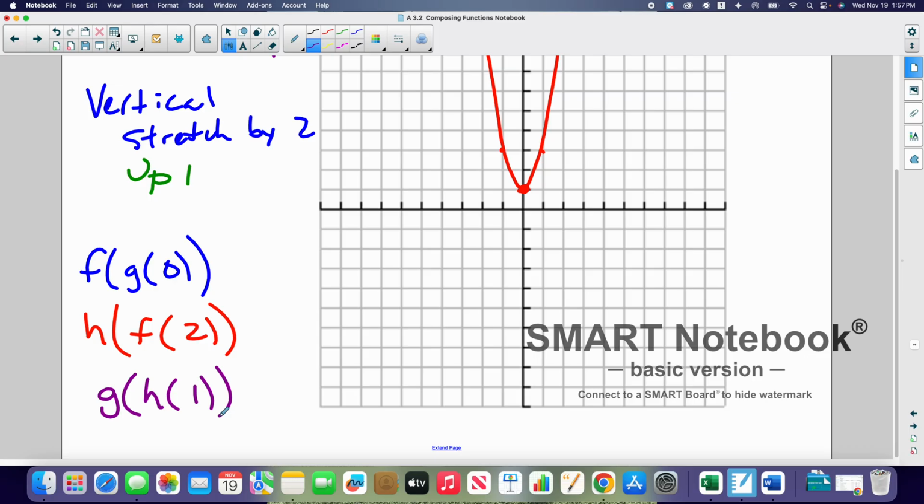All right, do it. Focus on your paper. Let's go. F of g of 0. Second one. Why do you think everything is 7? That is not okay.